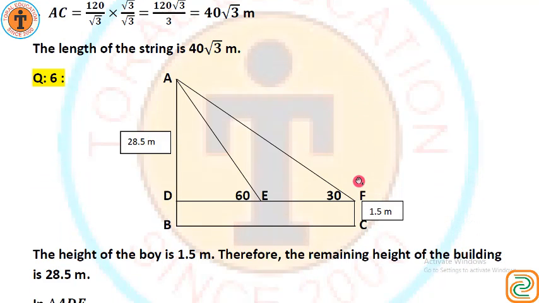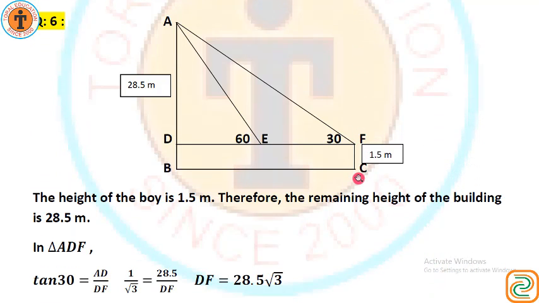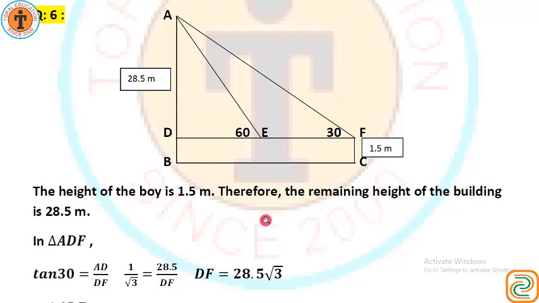Question number 6. A 1.5 meter tall boy is standing at some distance from a 30 meter tall building. This building is 30 meter tall, total height, right? And the height of the boy is 1.5 meter.